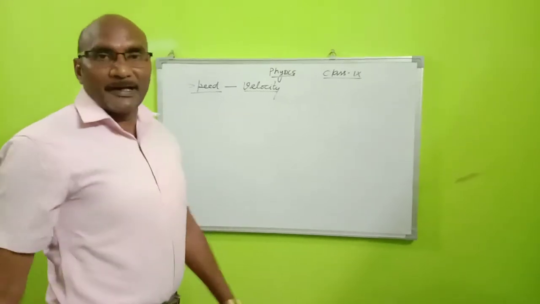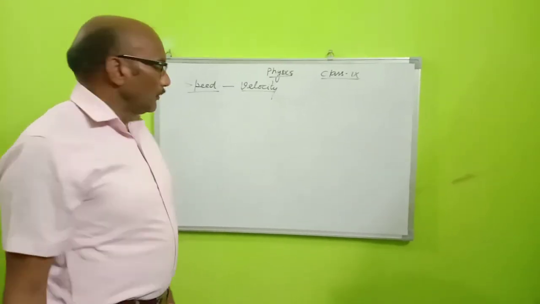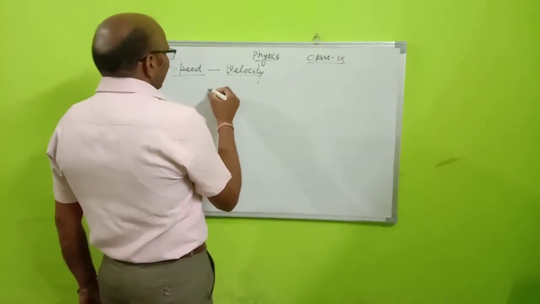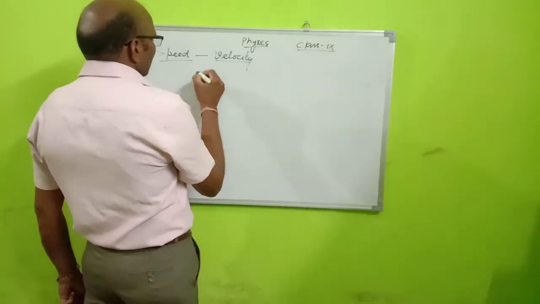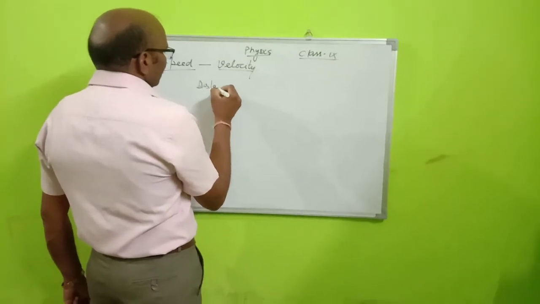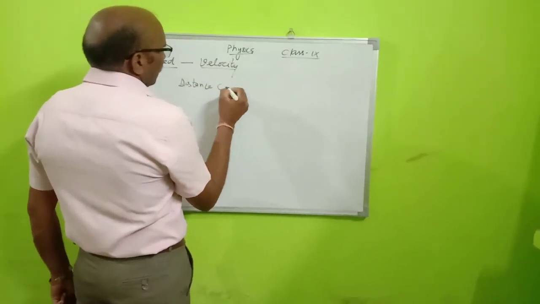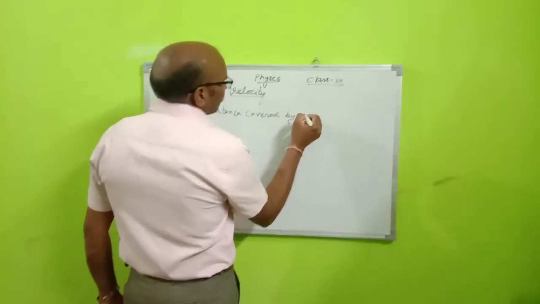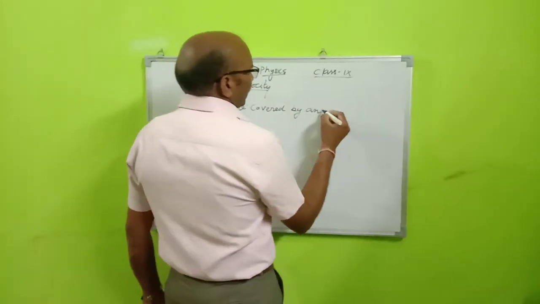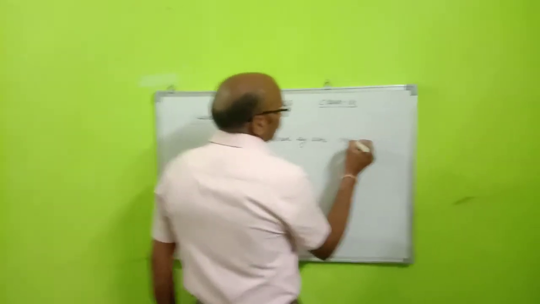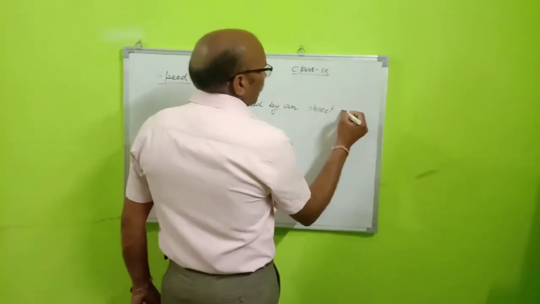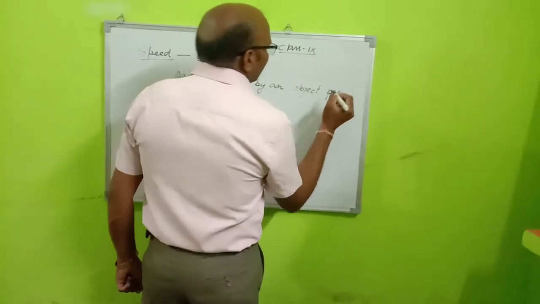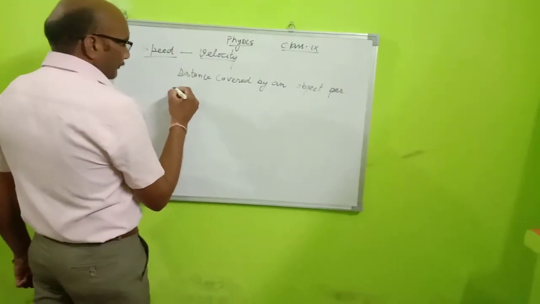Speed can be defined as the distance covered by an object per unit time.